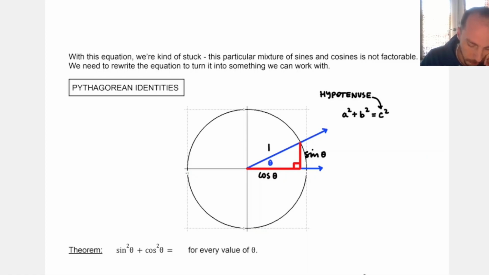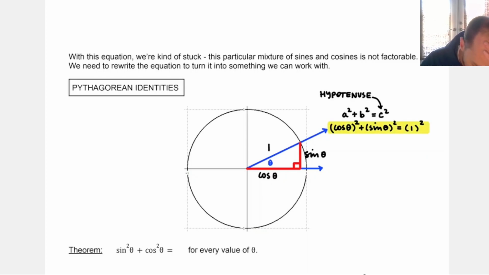So if I apply the Pythagorean theorem to this right triangle that I've drawn in on the circle, I'd start with the fact that c is 1, because c is the hypotenuse of the right triangle. And then a squared would be cosine of theta squared, plus b squared would be sine of theta squared. If I look down at what I'm trying to show, sine squared theta plus cosine squared theta equals, well, that's pretty much what I've got here.